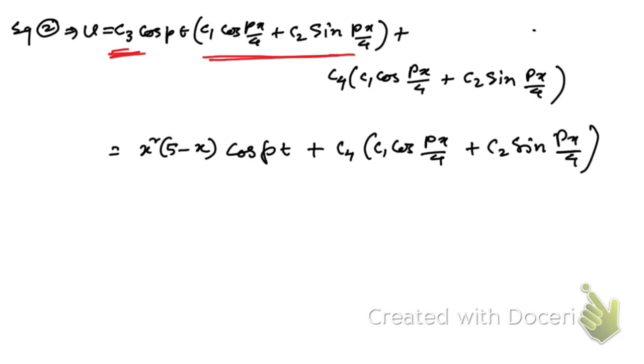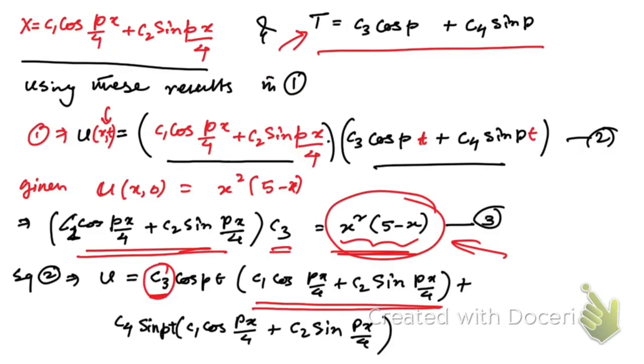Sorry, I missed this sin pt. There should be a sin pt, right? Because here you can see I have multiplied these two, so when you multiply this one with this term within the whole bracket, you should get c4 sin pt into this.